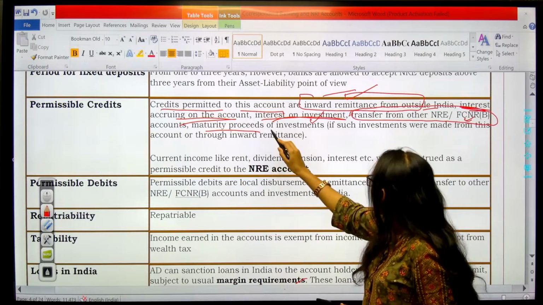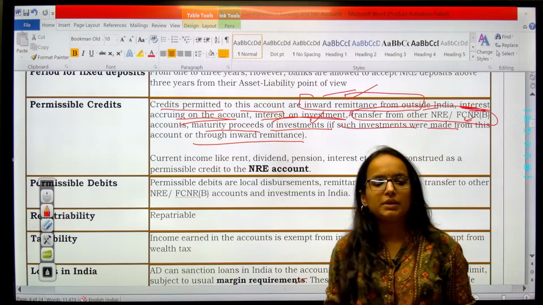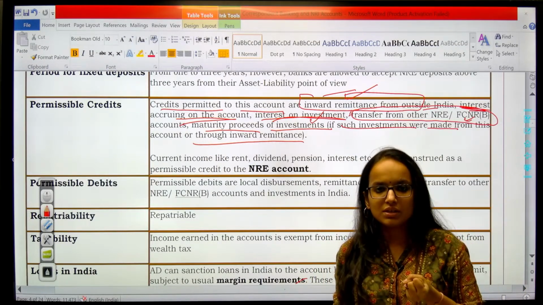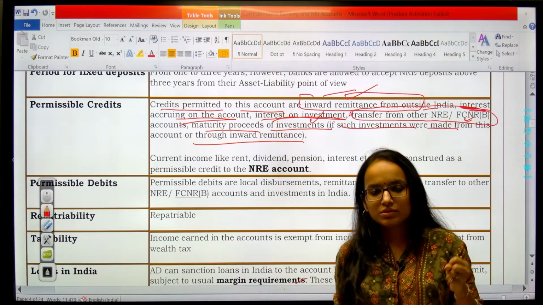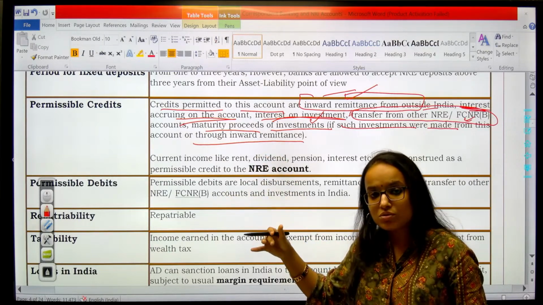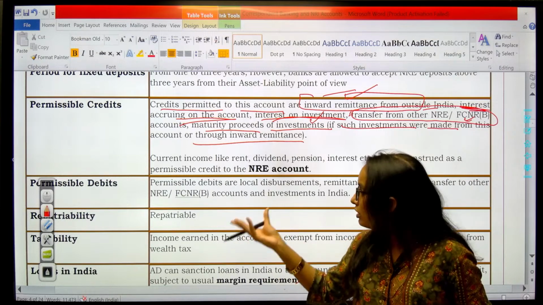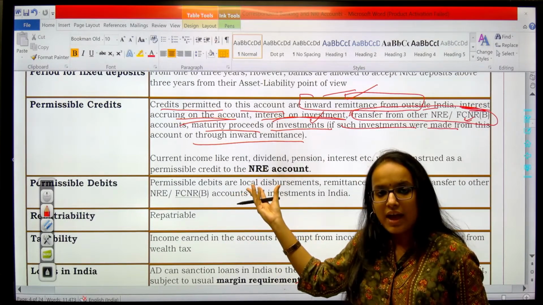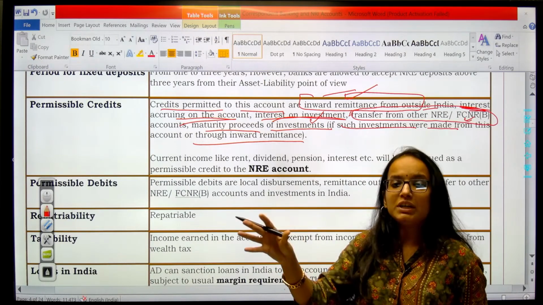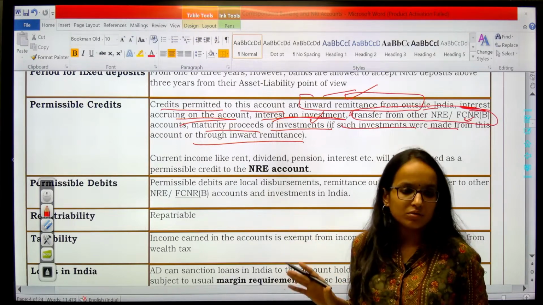Then what else is permitted? Maturity proceeds of investments, if such investment were made from this account or through inward remittance. If any inward remittance which came to this account in India, or any fund deposited in this NRE account, has been used to do some investments, maybe in securities or some other instruments, then the maturity proceeds of those investments can also be credited to this account.